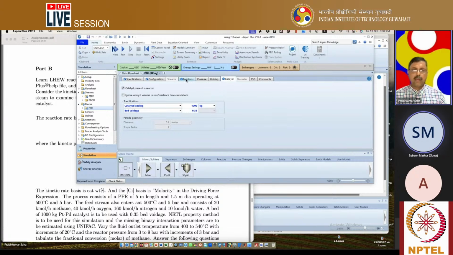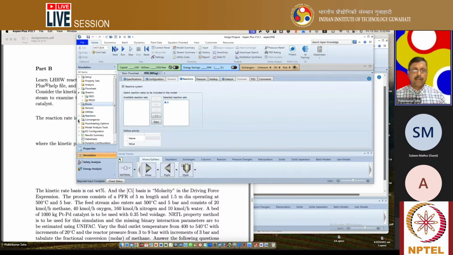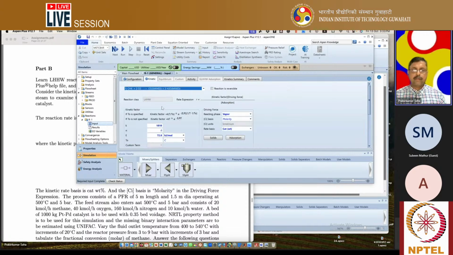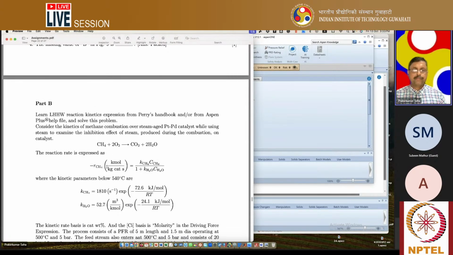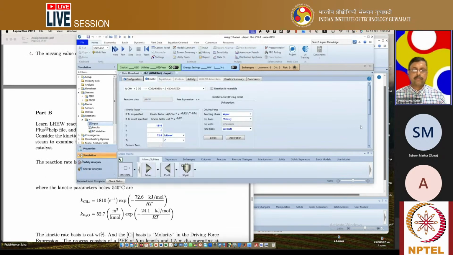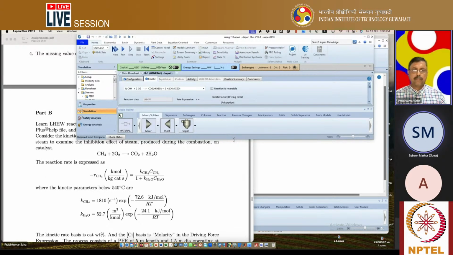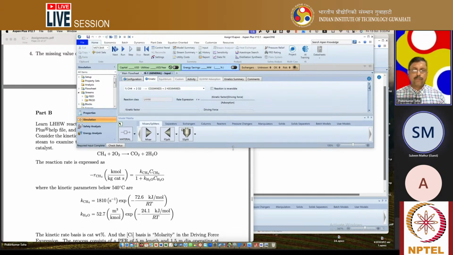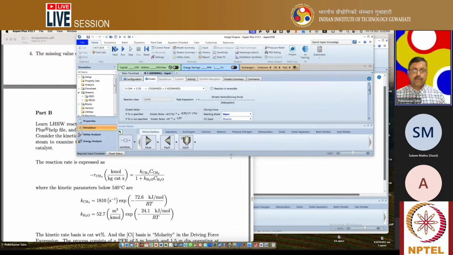Okay. And you have specified the reaction. Check the reaction first. So reaction kinetics, it is CH4 plus 2O2 is equal to CO2 plus 2H2O, right?